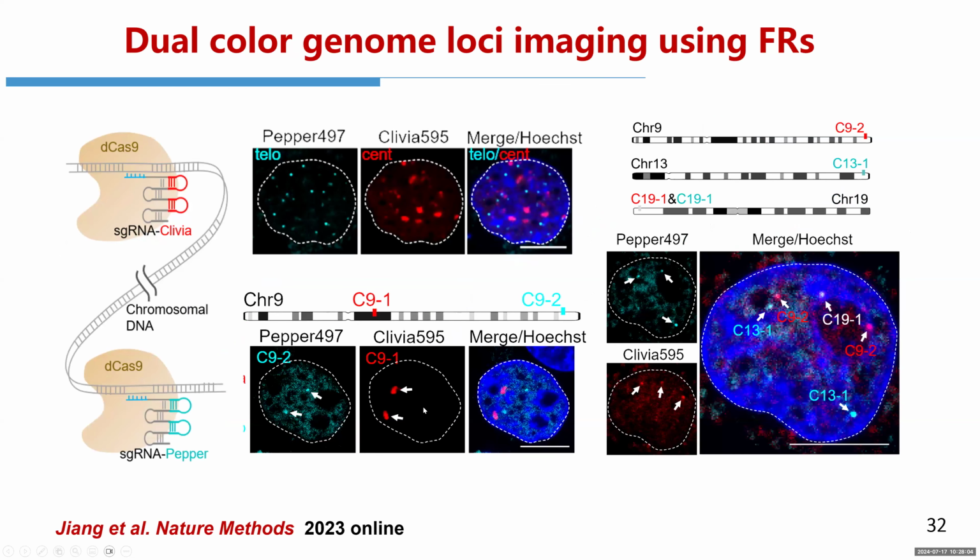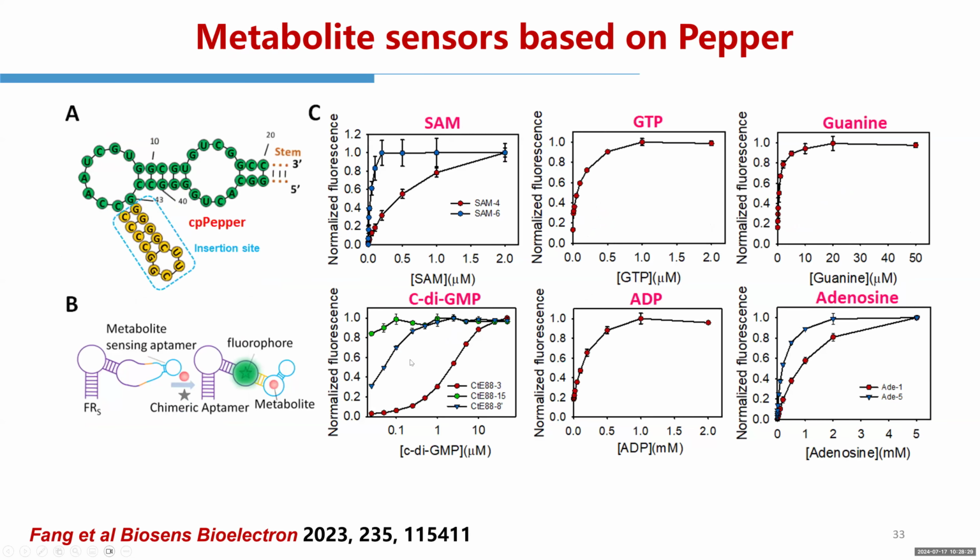Here we show that by harnessing CRISPR's capacity, these fluorescent RNAs can be used for genome loci imaging. Here we label two sites. We use the Pepper and the Cleaver for dual color imaging of these genome loci. We also engineered a series of metabolite sensors based on the Pepper and riboswitches that bind small molecule metabolites.